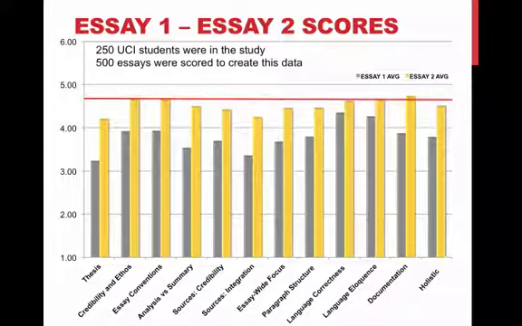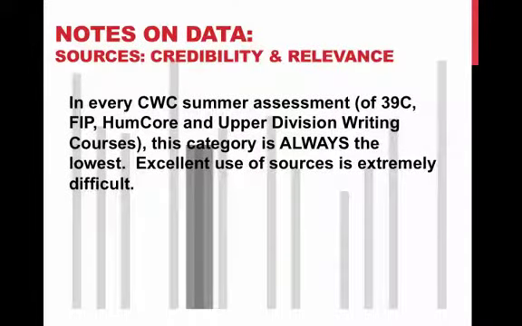One of the lower ones was credibility and relevance of the sources. My comment about that is that, having been involved with the Campus Writing Coordinator's summer assessment over the past several years, where we have read papers from 39C, the Freshman Integrated Program, Hum Core, and Upper Division, this category having to do with using credible and relevant sources is always the category where students score lowest.